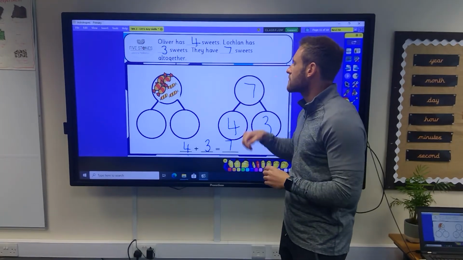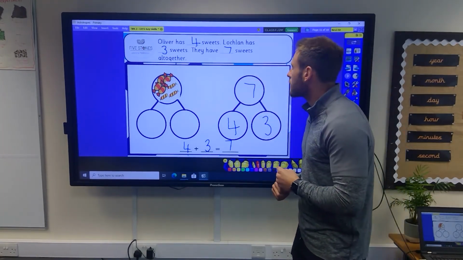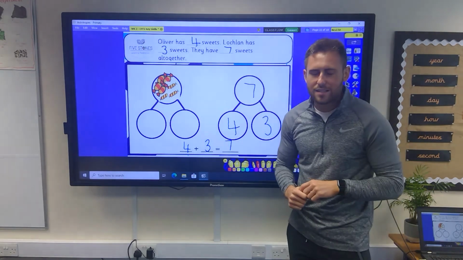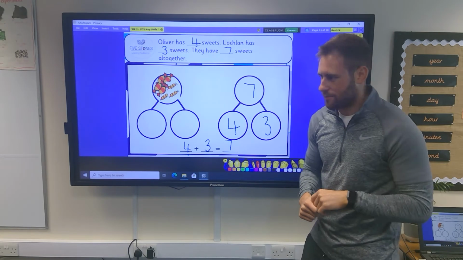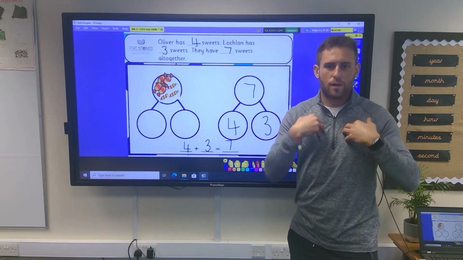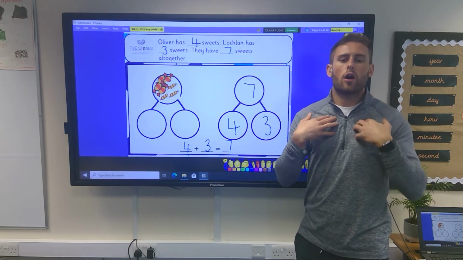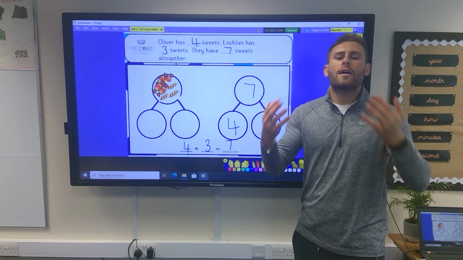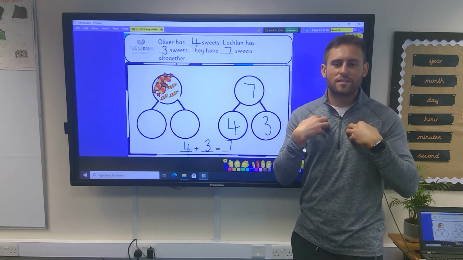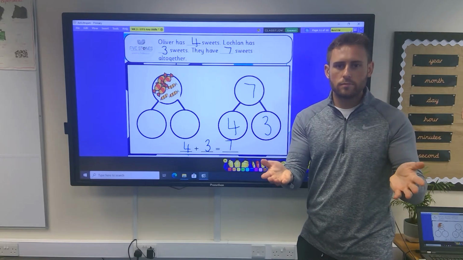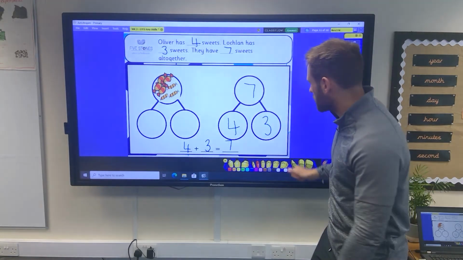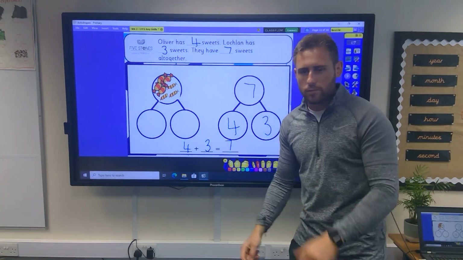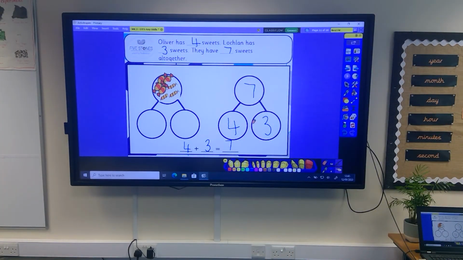So Oliver has 4 sweets. Lachlan has 3 sweets. They have 7 sweets altogether. Great, you've used your part whole model to help you solve that problem. So well done, early years.